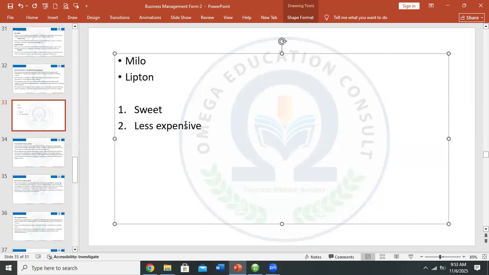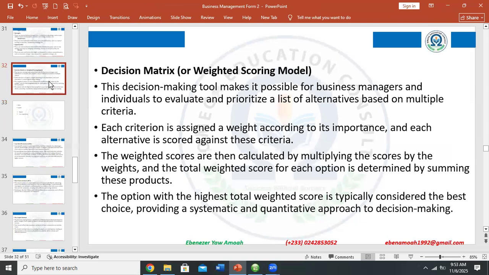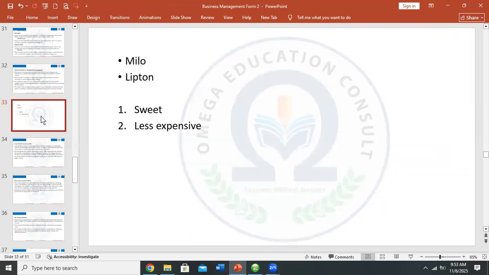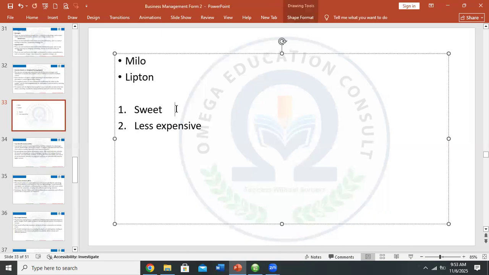So what we do is we assign a weight to each of the criteria. The criteria for which we want to assess Milo and Lipton is based on its sweetness and how expensive or otherwise each of them is. So let's say if it is sweet, we'll give you 5 points.